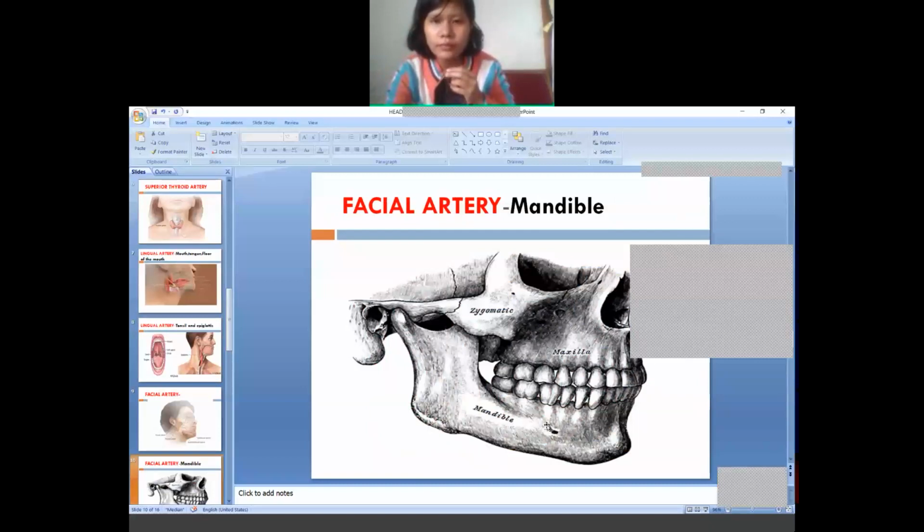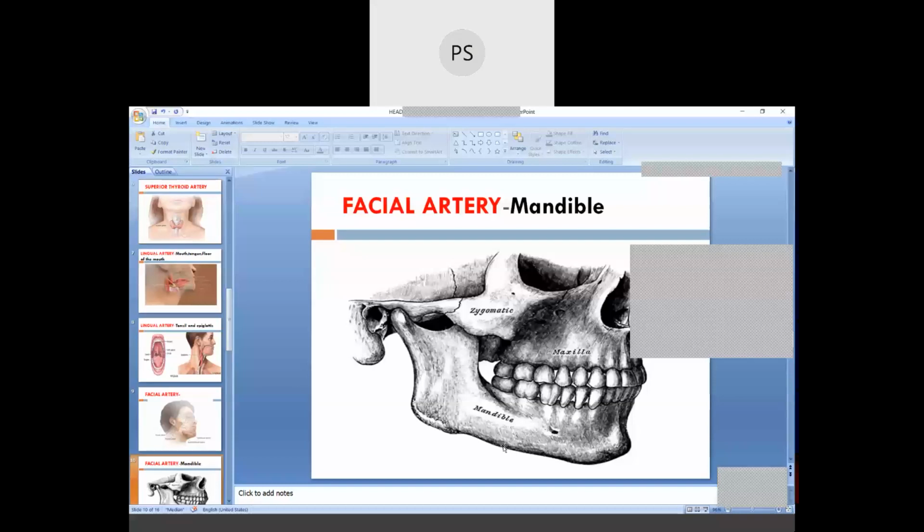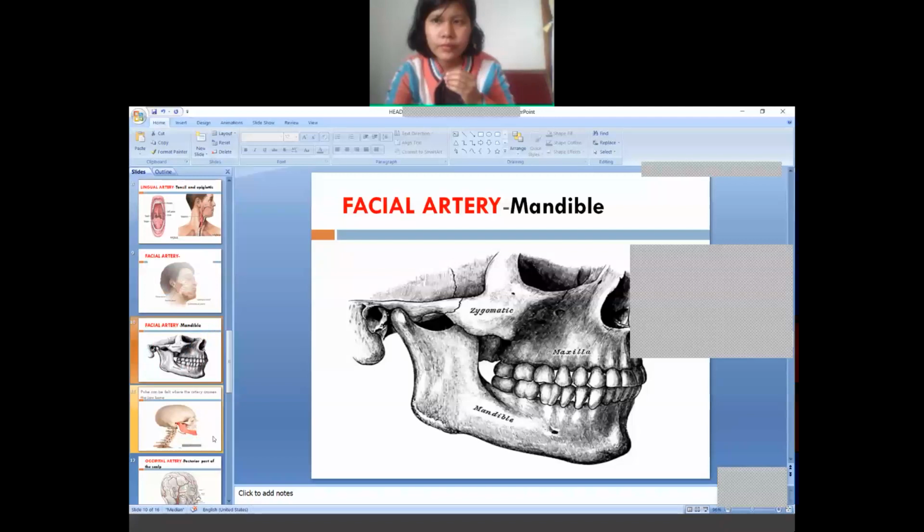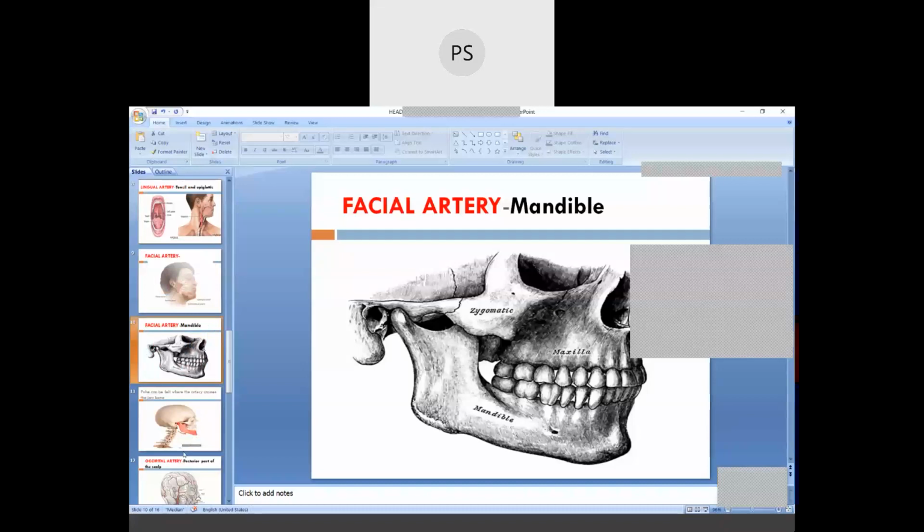This is your jaw, right? So this is the mandible. Yes, ma'am, it supplies blood to this area also. Okay, good. And you can feel the pulse also right here. Understand? It is the carotid artery. Means right here you can feel the pulse.